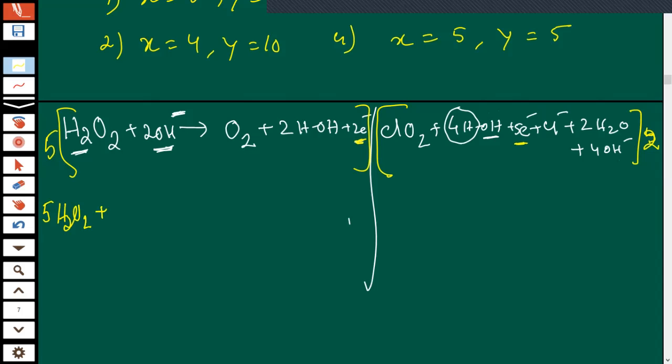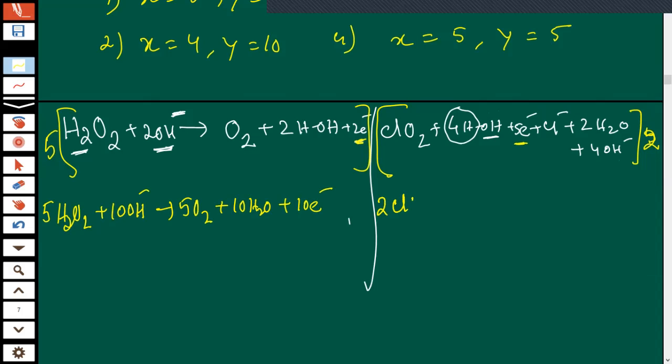H2O2 plus 10 OH minus gives you 5 O2 plus 10 H2O and 10 electrons, right? And here we have to multiply by 2.